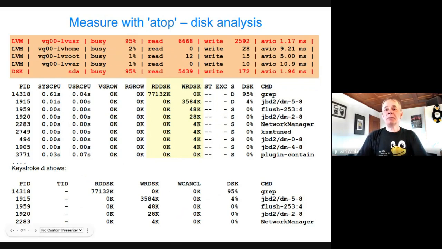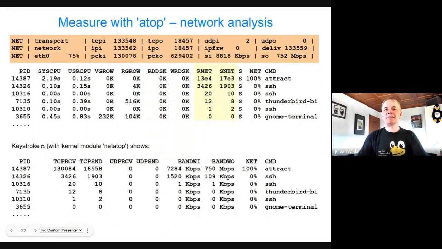And the final one that we're going to look at is network analysis. Again, here we have the top layer for the entire system. We see a transport, let's say TCP and UDP, network, and the hardware layer, in this case Ethernet. We see the number of TCP packets that have come in, the number of TCP packets that have gone out, and the same thing for UDP.